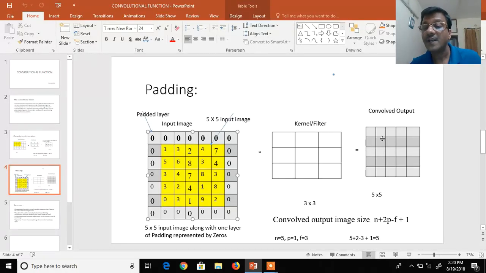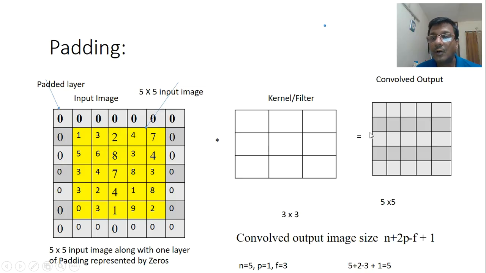Now we can see that the convolved output size is 5x5, which is the same as the input image size. So with the help of padding, we can preserve the size of the convolved output. To calculate this convolved output size, we use the formula n plus 2p minus f plus 1, where n is the size of the input image. Here it is a 5x5 image, hence n is 5.